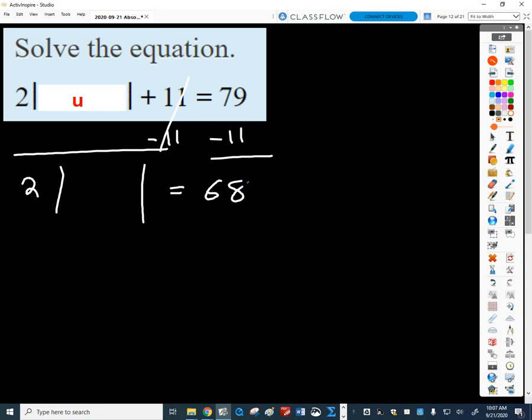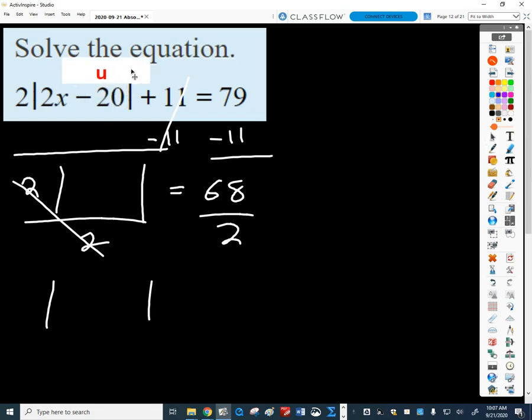And then Miss Tesh, what did you do next? Okay, good. Divided by 2. Very good. And so we isolated our absolute value, the absolute value of something. What is it? Well, it turns out it's 2x minus 20.